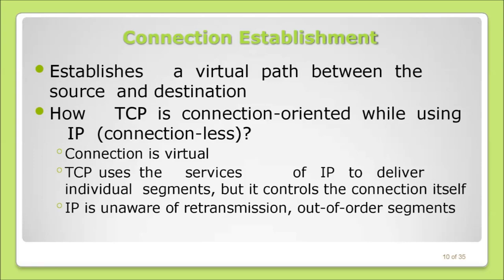IP is itself an unreliable protocol, but TCP is a reliable protocol, and TCP with the help of IP provides data retransmission and in-order data segment transmission. So TCP is a reliable protocol and it provides retransmission. IP is an unreliable protocol which does not provide any kind of retransmission or in-order data segment delivery.